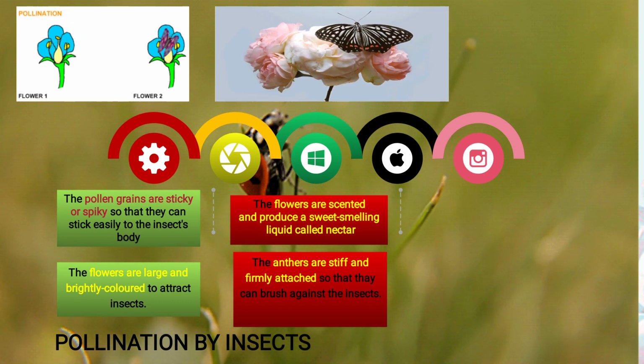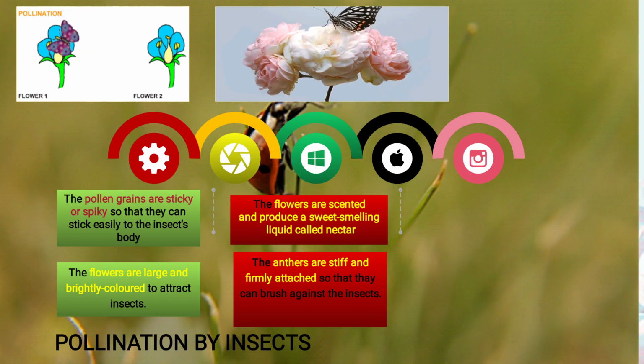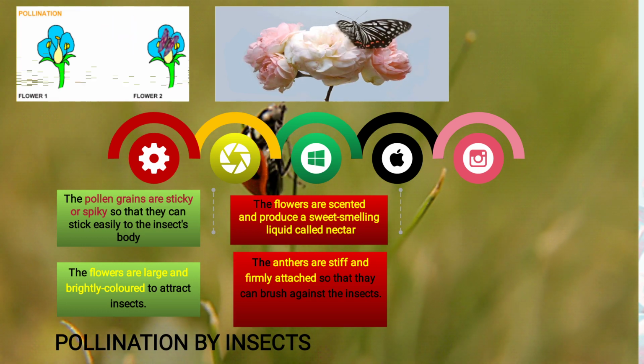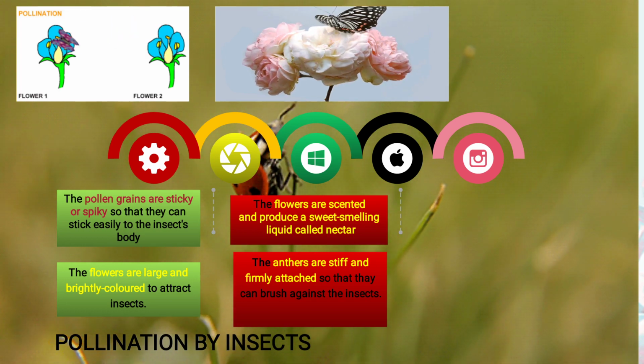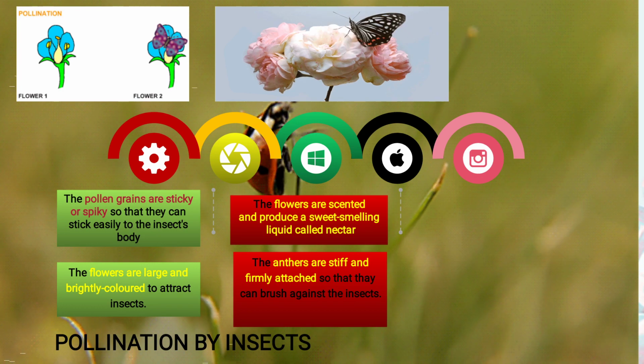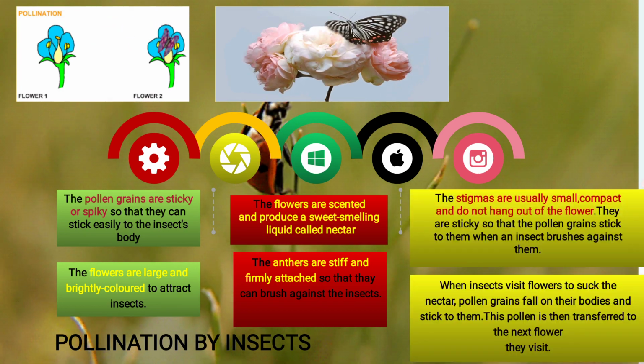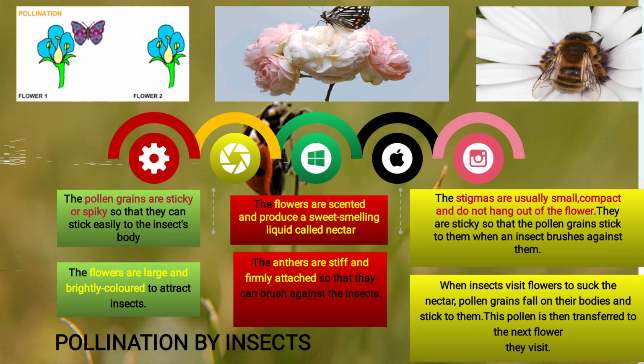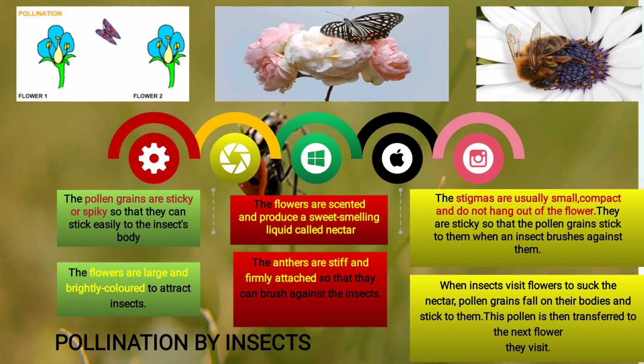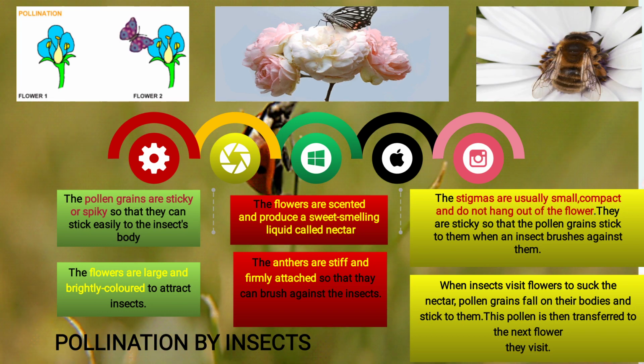See the butterfly sitting for the collection of the nectar. The anthers are stiff and firmly attached so that they can brush against the insect and stick to the insect body. Now you see the stigmas are small, compact and do not hang out of the flower.